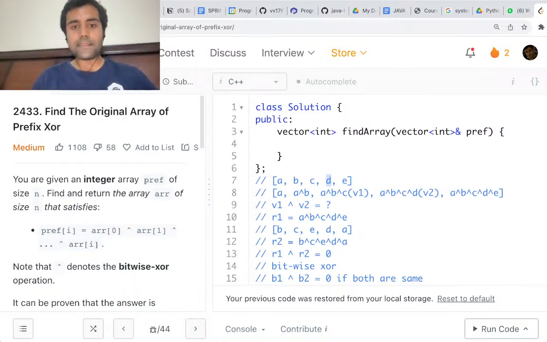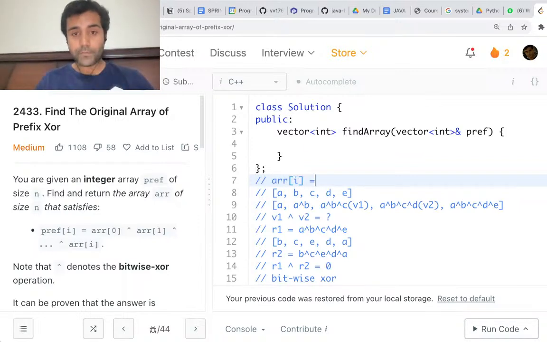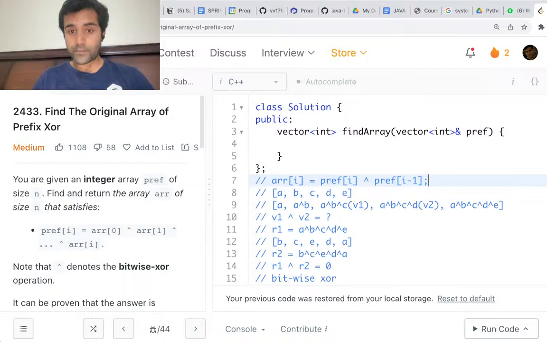So I can technically say something like this, that the ith element of my array should be equal to prefix XOR till I XOR prefix XOR till I minus 1. You can think through it.